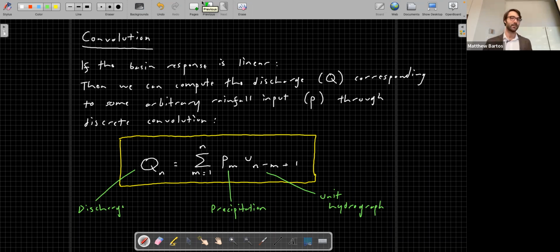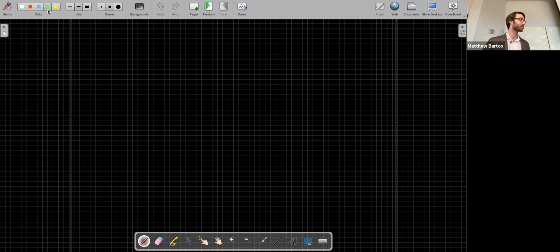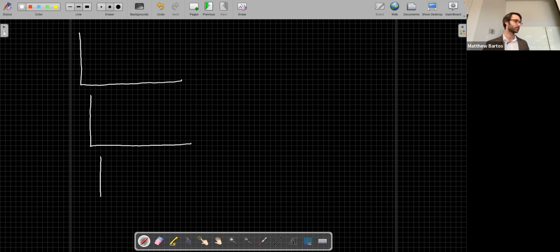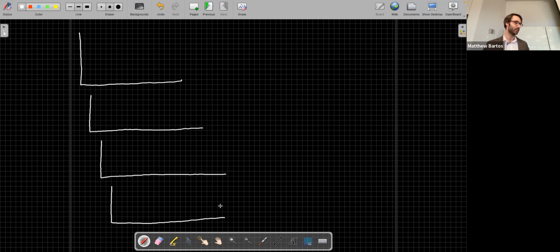So here is a visual of what's happening with convolution. Okay, so let's say we have like this. I'm just going to draw these plots here. I drew these too big, sorry. I want to give you a conceptual understanding of what's happening here.